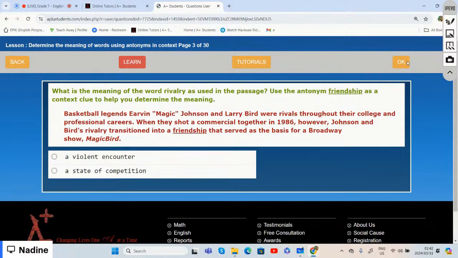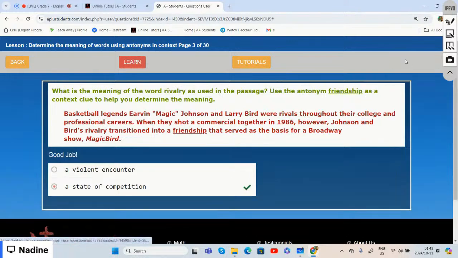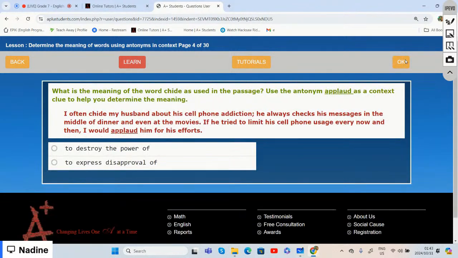And if we were to select the correct answer, the meaning of rivalry, we can say it is a state of competition, not a violent encounter, just a state of competition. Because there is a state of competition in the schooling, the careers, the basketball field.